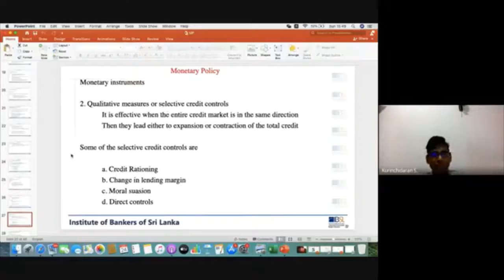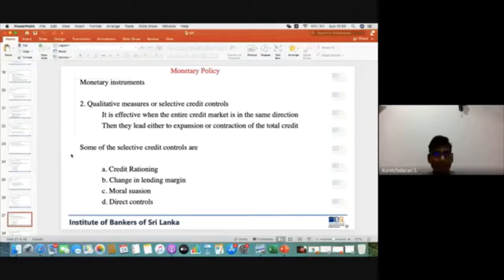Up to now, we have seen quantitative measures. What are those? Open market operations, bank rate, and then SRR. So through these three mechanisms, the central bank can change money supply and try to promote economic activities.